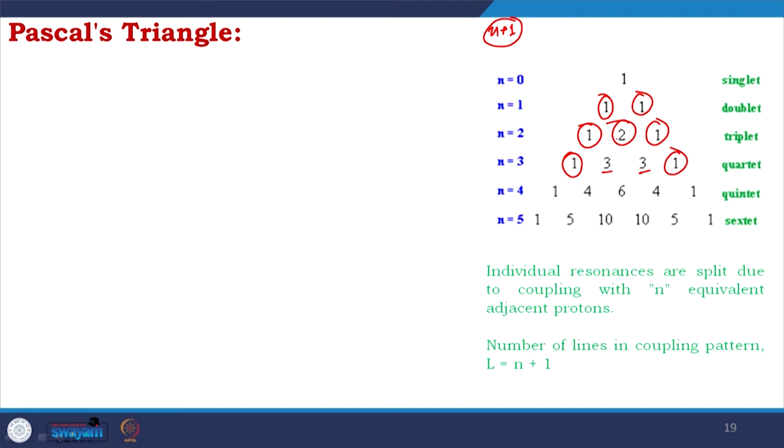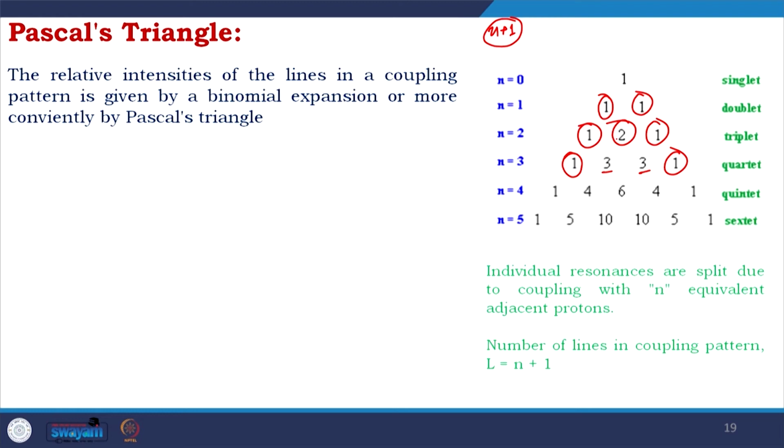Individual resonances are split due to coupling with n equivalent adjacent protons, and the number of lines in the coupling pattern L equals n plus 1. The relative intensities of the lines in a coupling pattern are given by a binomial expansion, or more conveniently by Pascal's triangle.